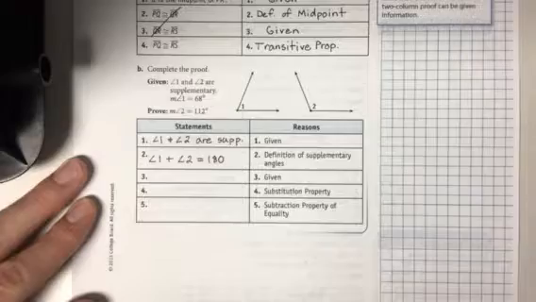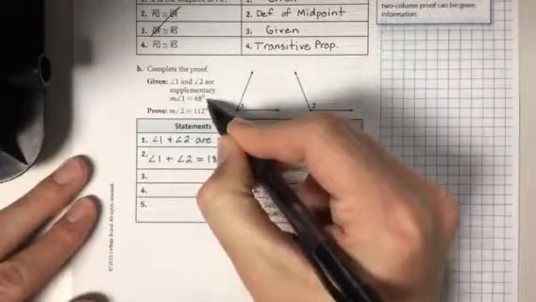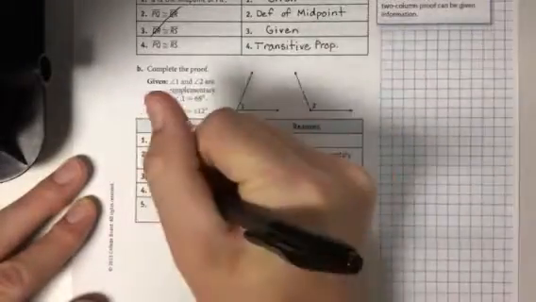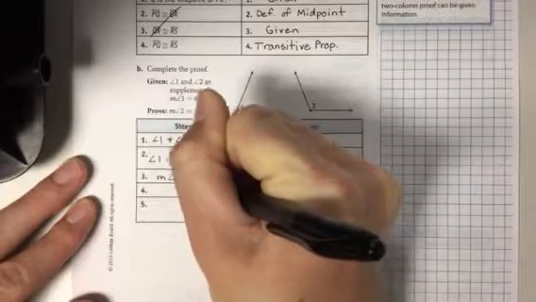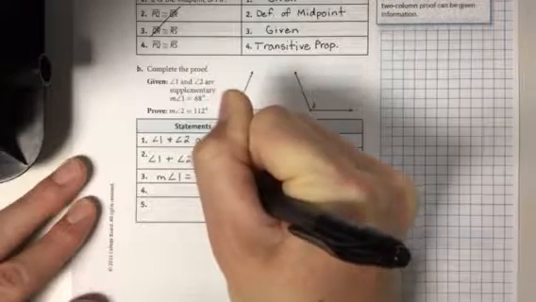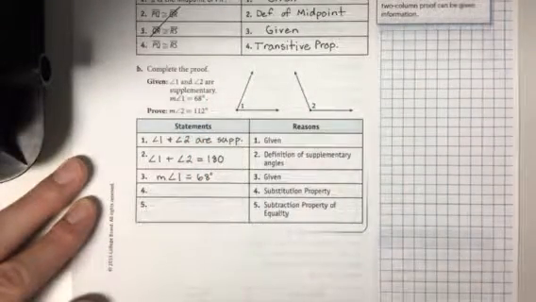All right? Now, guys, they list one more given on our reason here. So what's the other piece of given information? If we jump back up here, check it out. Our other given statement is the measure of angle 1 is equal to 68 degrees. Well, perfect.